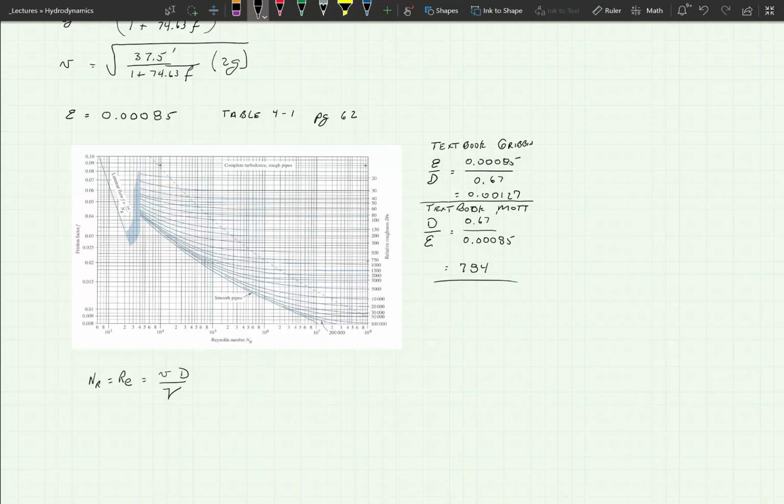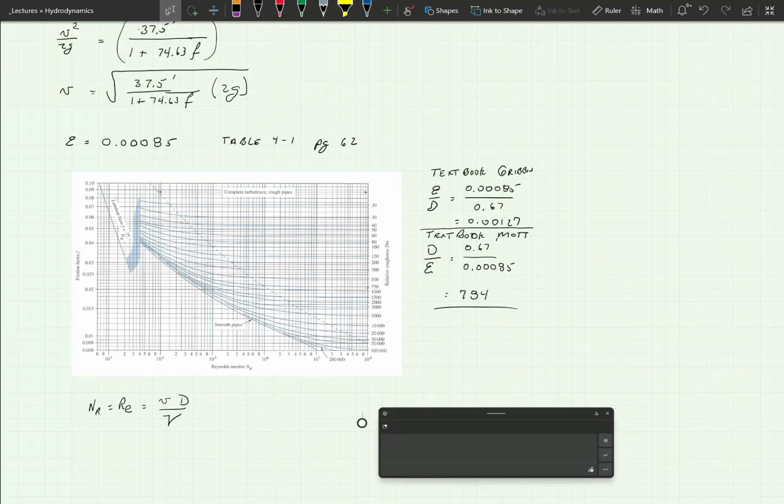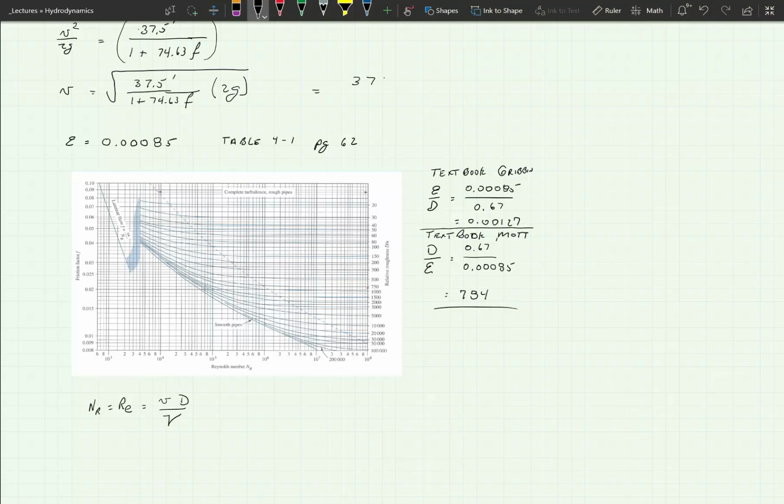Let's try this on for size. If I took this up here, and let's clean this up a little bit because we want to do something with this 2g. So let's make this 375 over 1 plus 7463 f, times 2 times 32.2 feet per second squared. And actually, let's leave it as v squared, and make life just a little bit easier. What are we going to get?